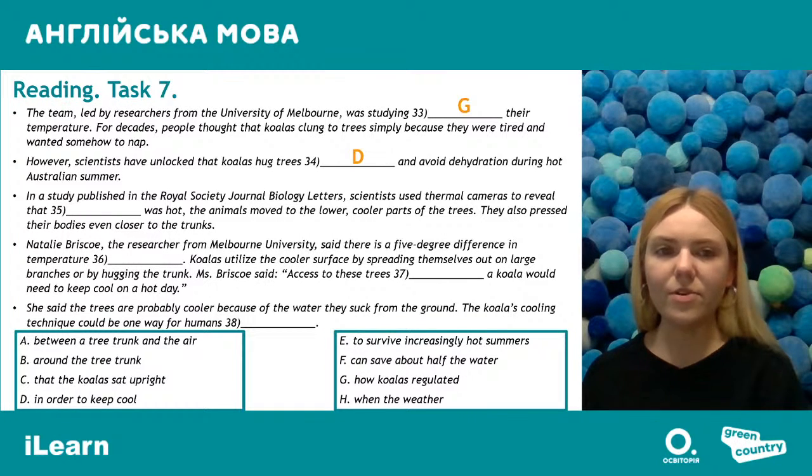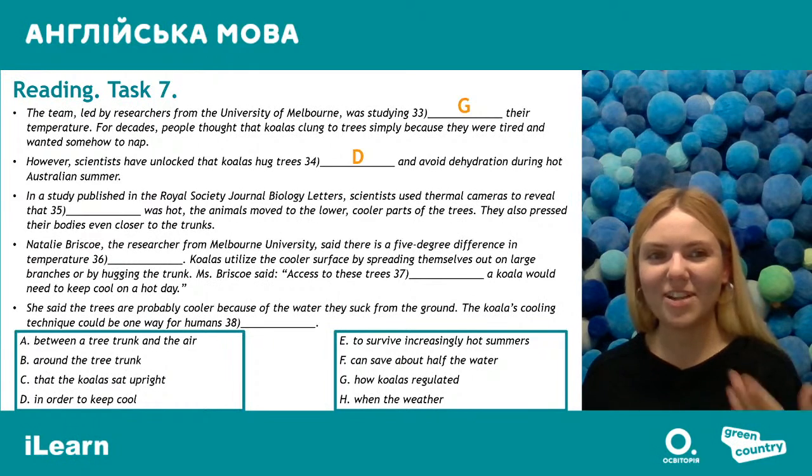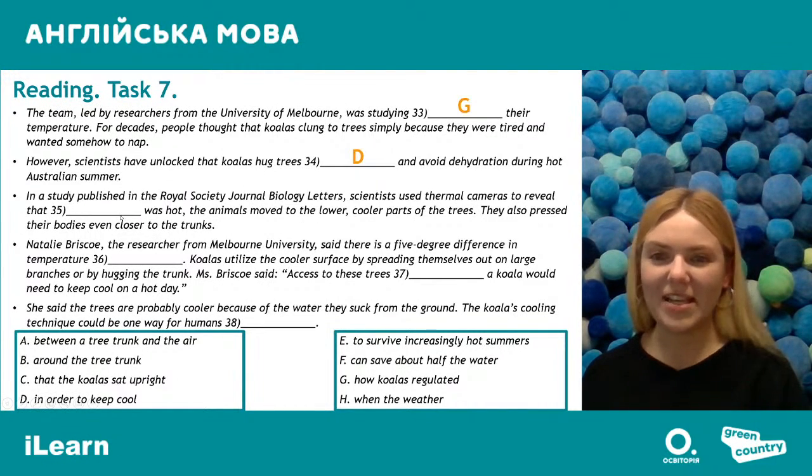In order to keep cool and avoid. So we have 2 infinitives, to keep cool and avoid. Для того, щоб їм було прохолодніше, і для того, щоб не... So, to avoid dehydration, щоб уникнути дегідрації, зневоднення.